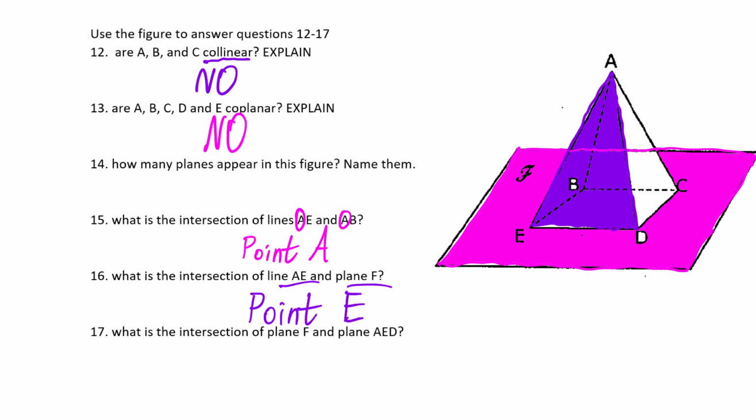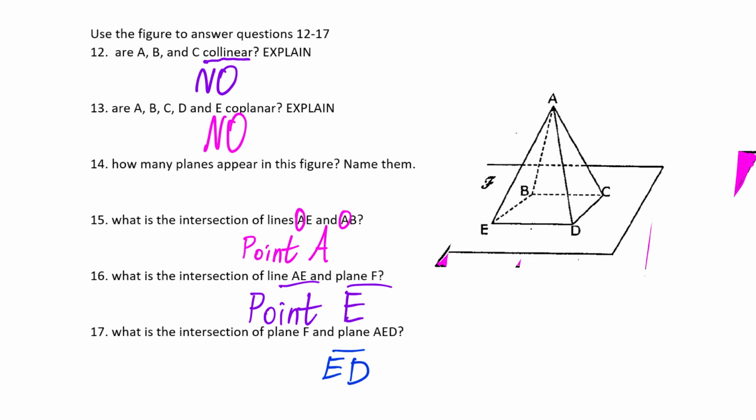So where does the purple plane meet up with that pink plane, or whatever colors those are? Line segment ED. Okay, exactly. They meet up right here along this line segment. You can see where the purple touches the pink is right there. Because if you think about it in 3D, this purple part's going up. The purple part's not touching the pink part above here. The only place it's touching it is down here along line ED, or line segment ED.